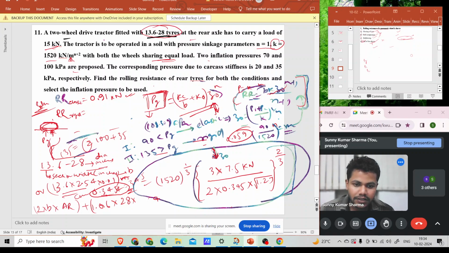Calculate again what this Z0 is. 3 into 7.5 by 2 into 0.345 into root under 1.27 to the power 2 by 3. It is coming 9.4. This is too much.